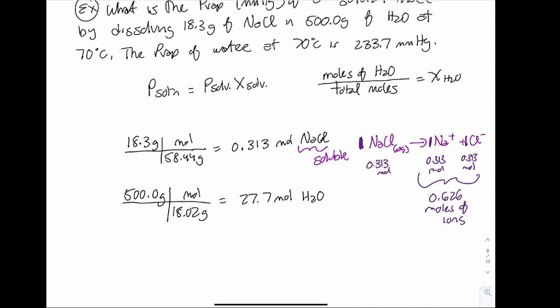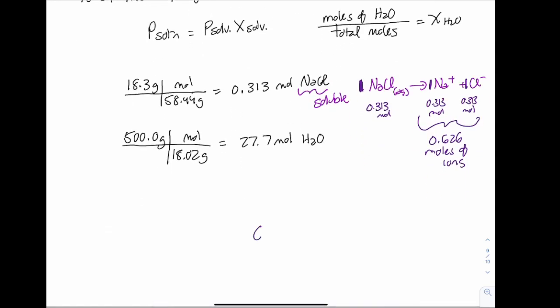So if something is soluble, we need to take that into account. NaCl does not exist in water. I have sodium ions and chloride ions. For every 1 sodium, I have 1 chloride. So for every 0.313 sodium, I have 0.313 chloride, giving me 0.626 moles of ions total. When sodium chloride separates, I get 2 things, so I need to take both of those into account.